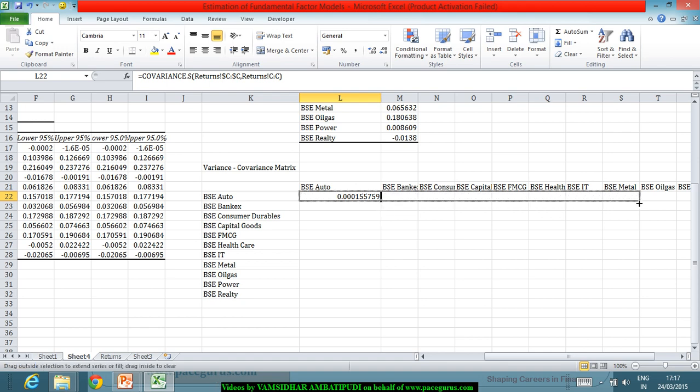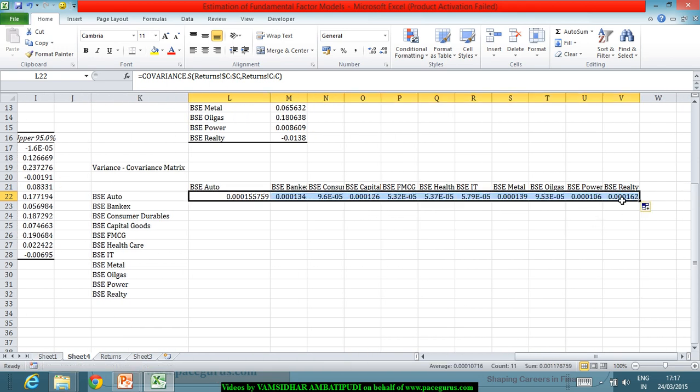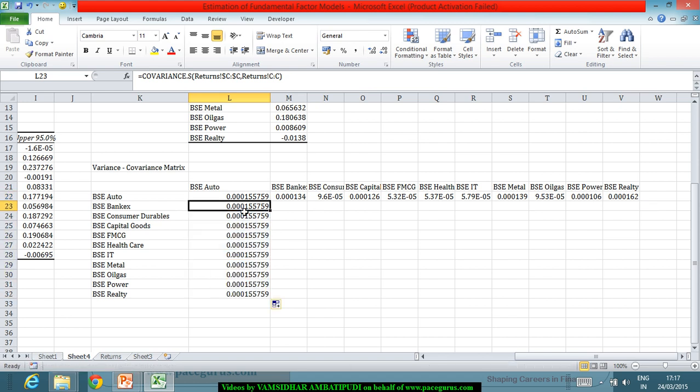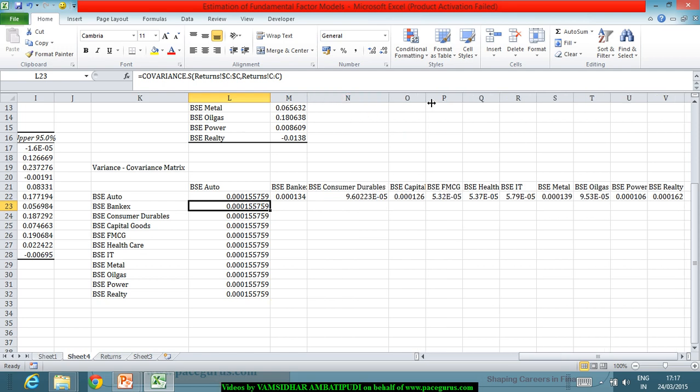This is a daily variance, and the same logic I can apply across, and these are the variances across. The covariance between auto and bank X is around 0.00134. Auto and consumer durables is somewhere around 10 to the power of -5.